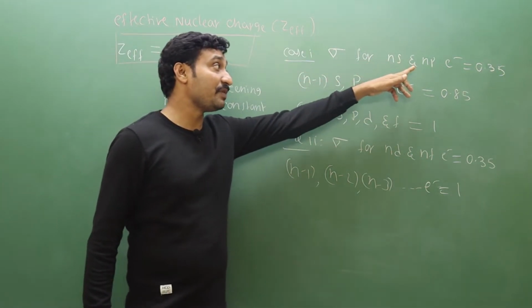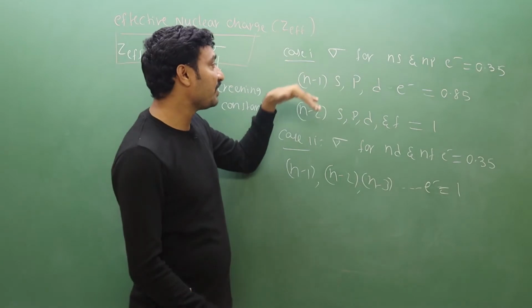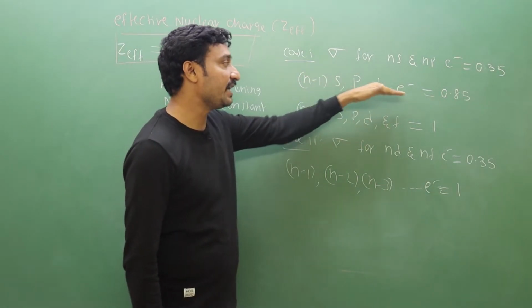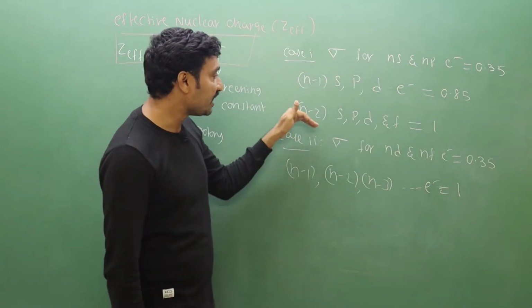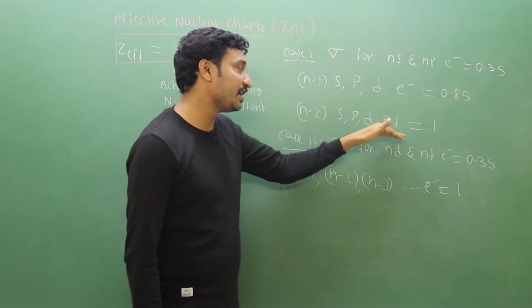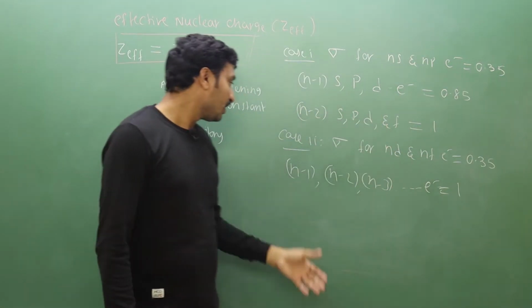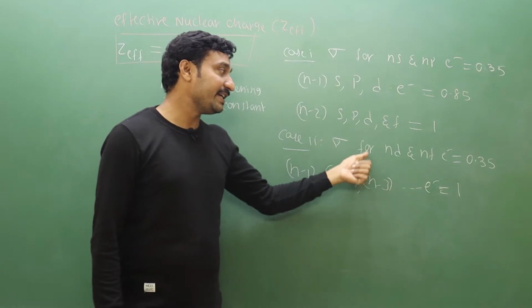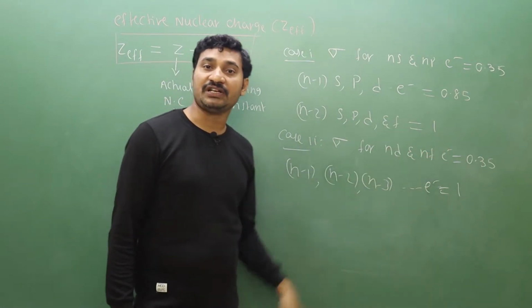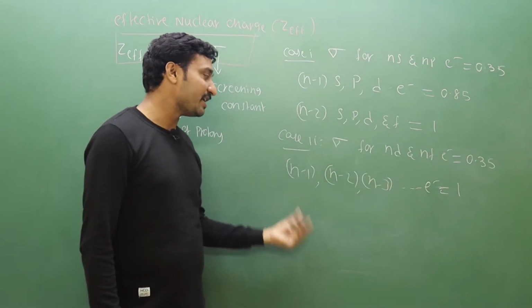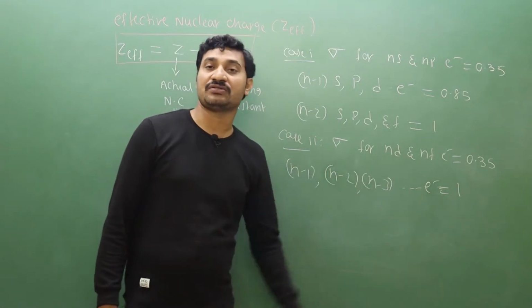Case 1: sigma for ns and np electron is 0.35, n minus 1 shell of s, p, d electrons is 0.85, and n minus 2 shell of s, p, d and f electrons is 1. Case 2: sigma for nd and nf electron is 0.35, and the remaining n minus 1, n minus 2, n minus 3 electrons are 1.